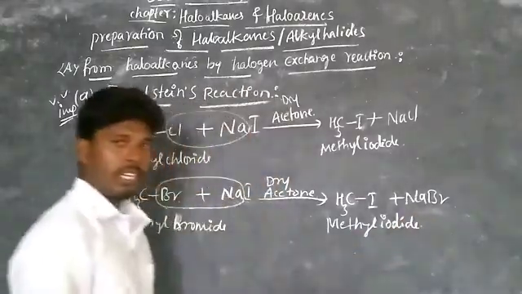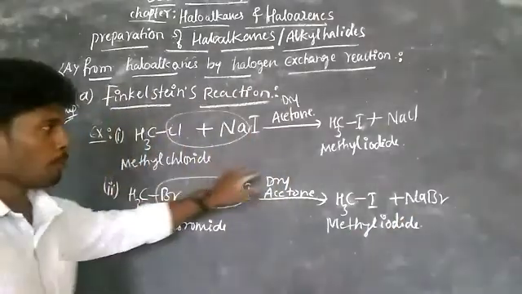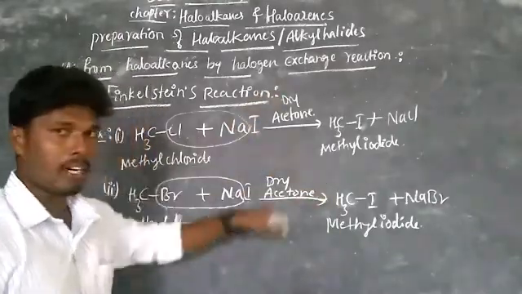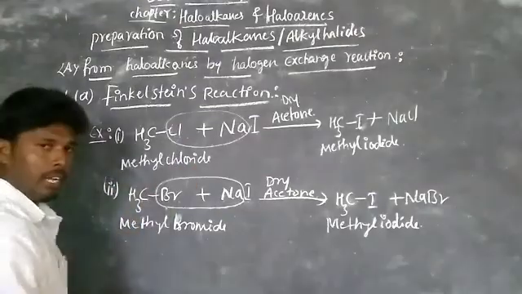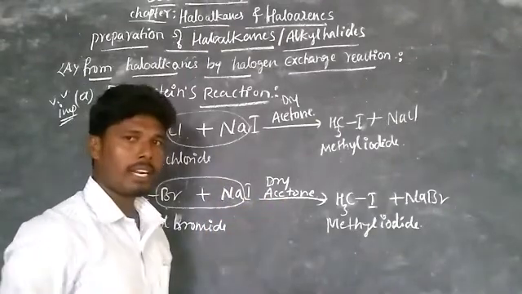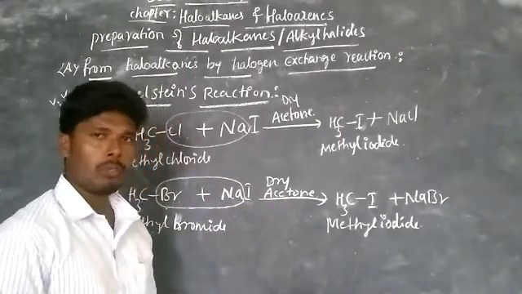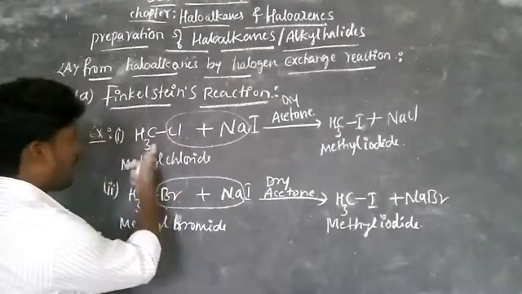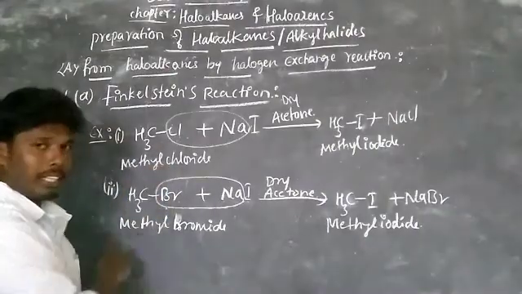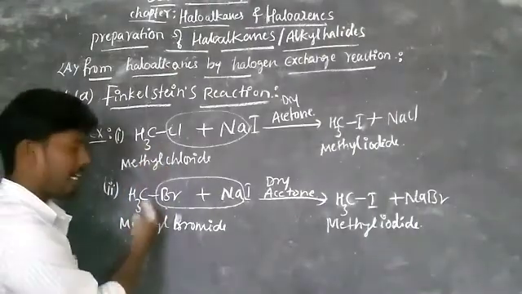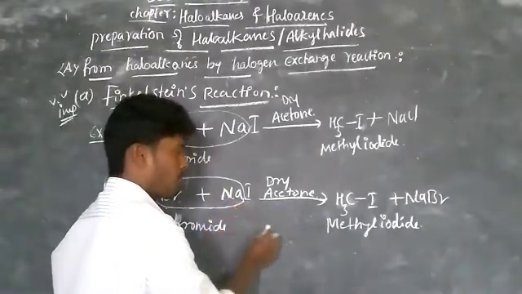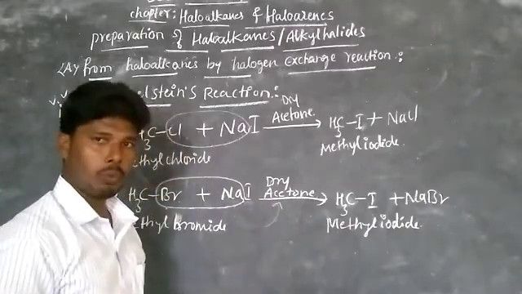So remember, in the Finkelstein reaction, we prepare methyl iodides or iodide compounds, it means alkyl iodide compounds, by using either alkyl chlorides or alkyl bromides with sodium iodide and dry acetone. You may ask, why can't we prepare alkyl chlorides or alkyl bromides? Because sodium iodide is soluble in acetone only.